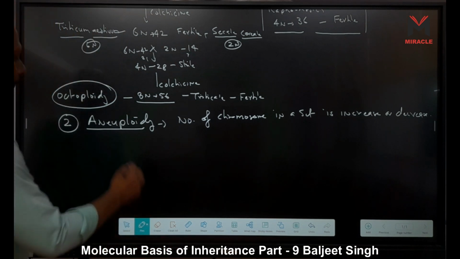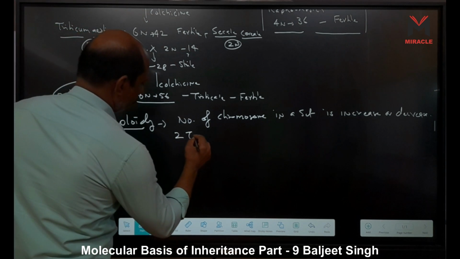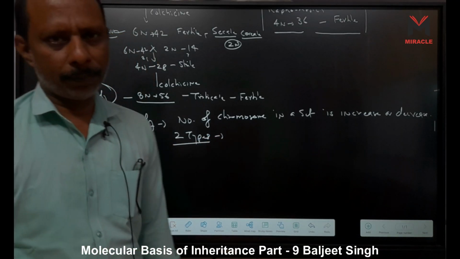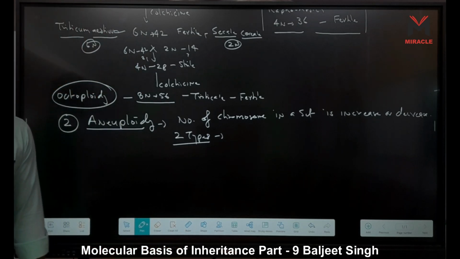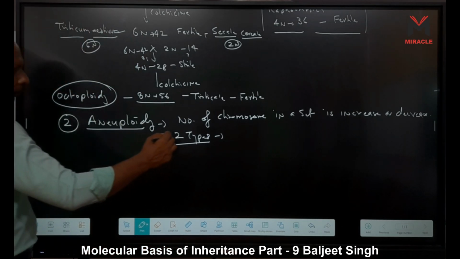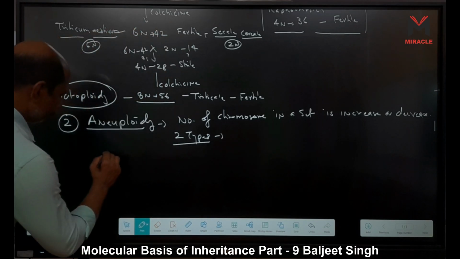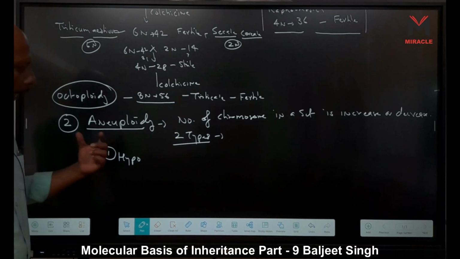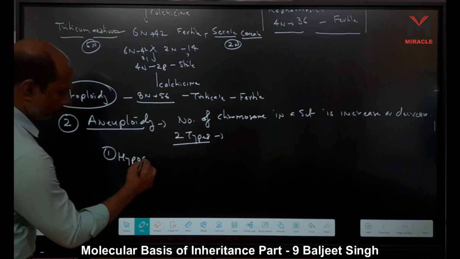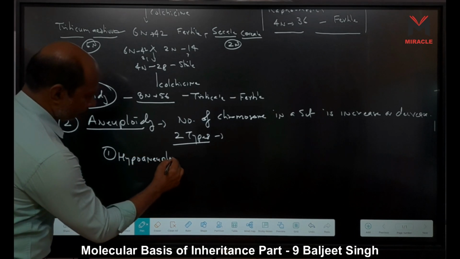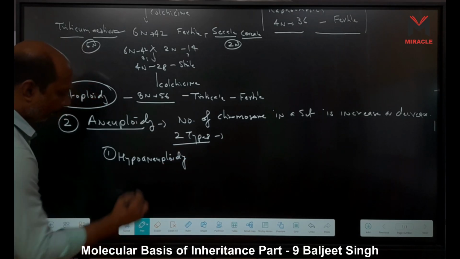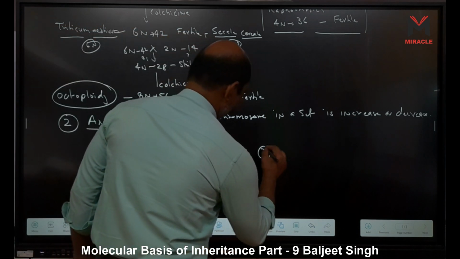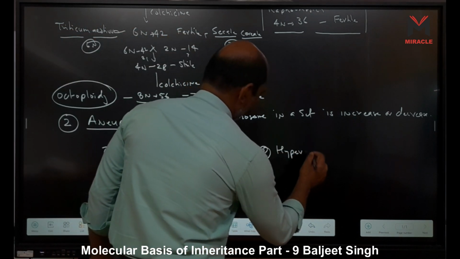There are also two types, decrease or increase. If it is decrease, then it is called hypo. First one is hypoaneuploidy. And the second one is hyperaneuploidy.